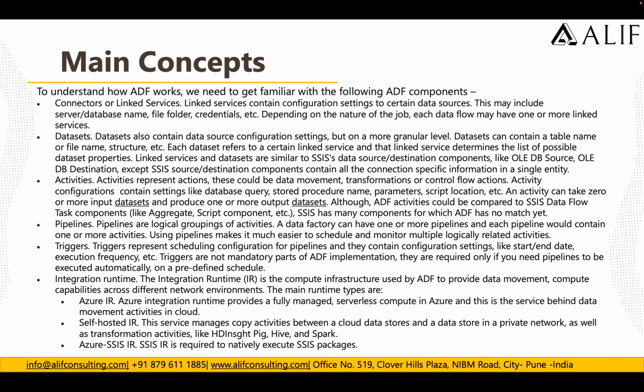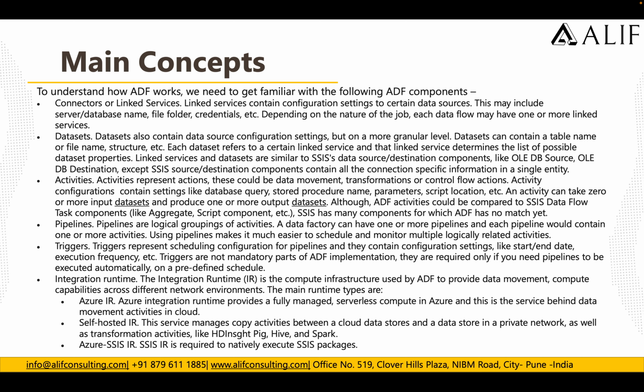The second one is the dataset. The dataset also contains the data source configuration settings, but at a more granular level. A dataset can contain a table name, a file name, a structure, etc. The third one is activities. Activities represent actions that could be data movement, transformations, or control flow actions.